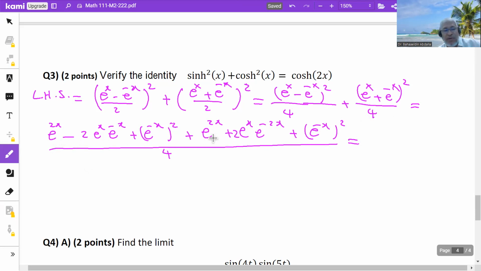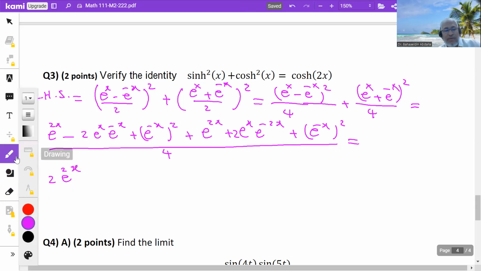Now, e to the power 2x plus e to the power 2x is 2e to the power 2x. And here, e to the power x times e to the power negative x would be e to the power x minus x, which is 0.